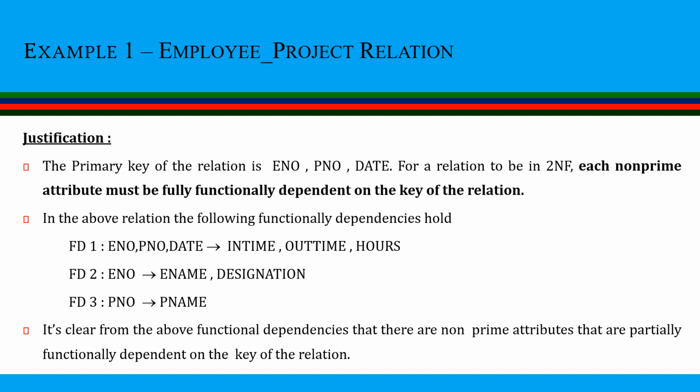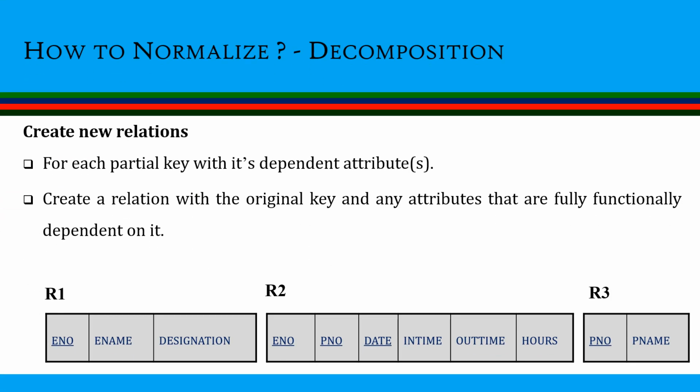So what do we have to do to convert this to 2NF? Of course, we have to remove this partial dependency. So how to normalize? To avoid this partial dependency, we have to decompose the relation. We have to create a new relation for each partial key with its dependent attributes, and keep a relation with the original key and any attributes that are fully functionally dependent on it.